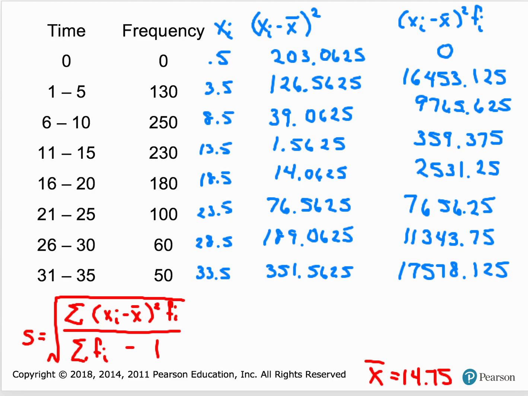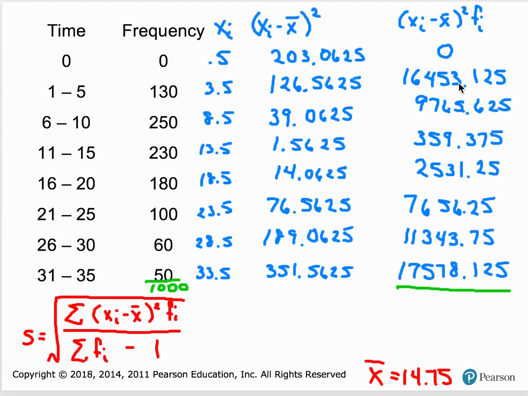Okay, so I need the sum of this, right, and the sum of this. Oh, we already know that's 1,000 from before, right? That one was the easy one to add up. Okay, so let's add this up.